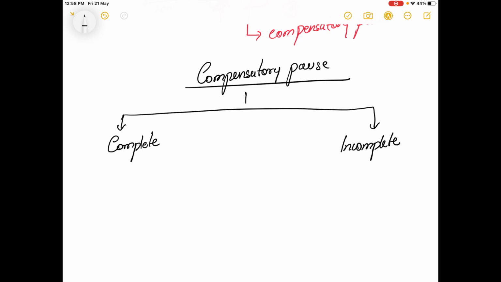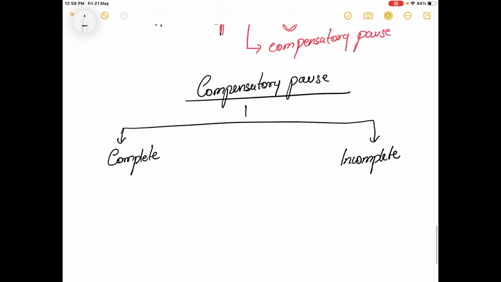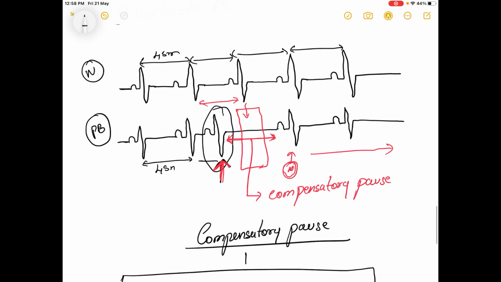Complete compensatory pause means, for example, this can be an example. This is the first wave, second wave, third wave, fourth wave, fifth wave. Same here, first wave, second wave. Here a premature beat has occurred, so there is a pause where the fourth wave is established.